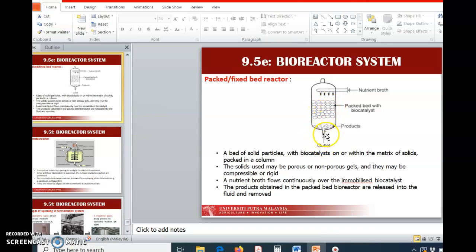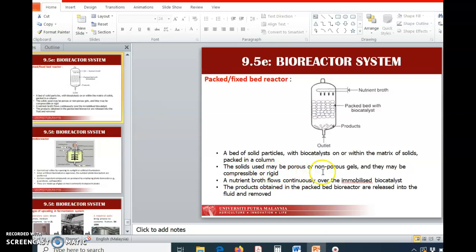So what happens is you put in the nutrients through the packed bed with biocatalyst, and the one that comes out is your product. Sorry, the nutrient broth is supplied on top, it goes through here, and the one that comes out is your product.